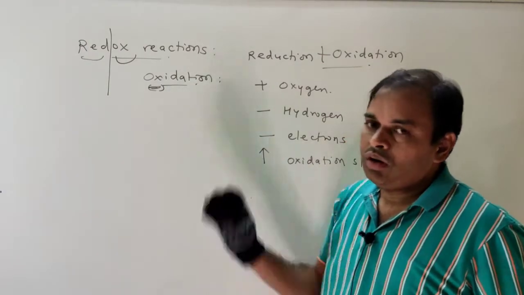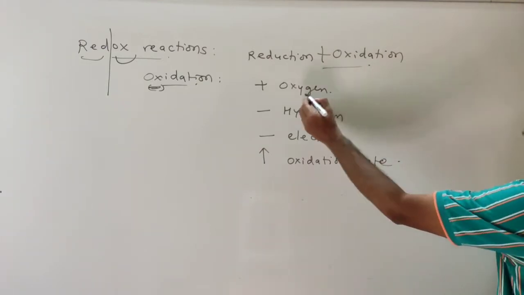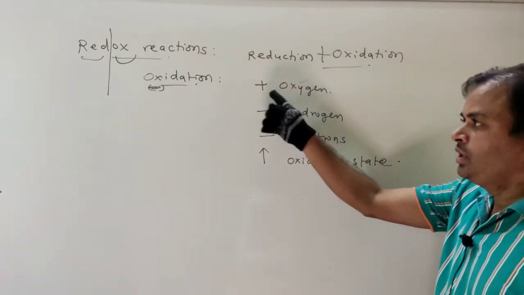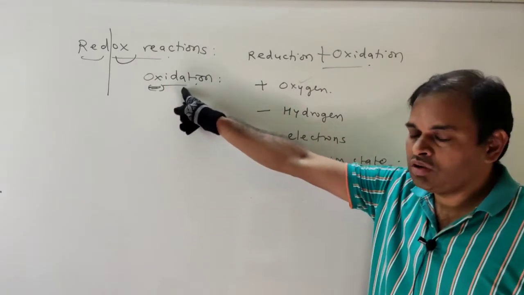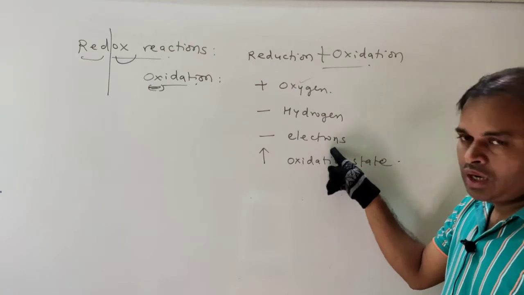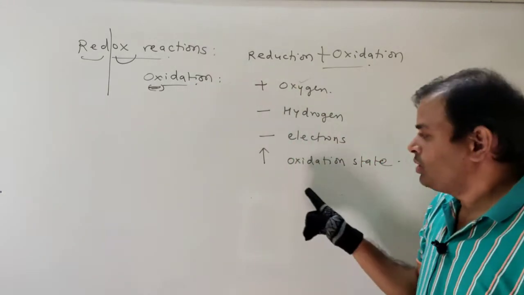This is called oxidation. In the course of a reaction, if oxygen is added, that means it is oxidation. If hydrogen is eliminated, that means it is oxidation. If electrons are removed, that reaction is said to be oxidation.